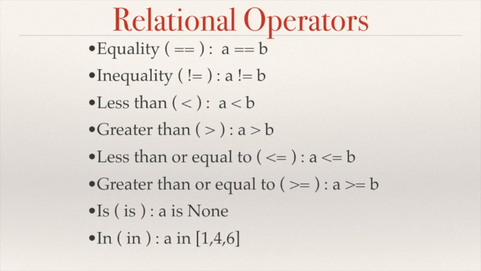The inequality operator, exclamation equal to, is used for comparing two data values for inequality. So if the values are unequal, then the comparison returns true, otherwise it returns false.